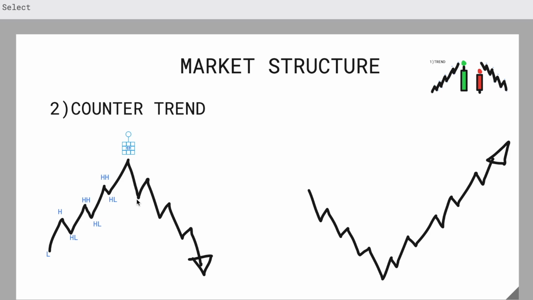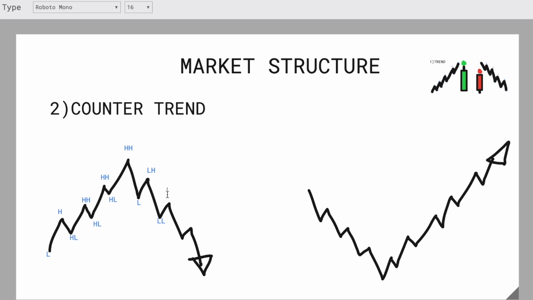So what it actually does, price retraces, so this is the low. As price has broken this higher low, this becomes a new low. This is our lower high, and this is our lower low.